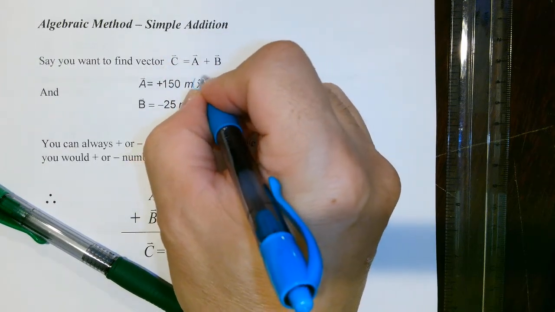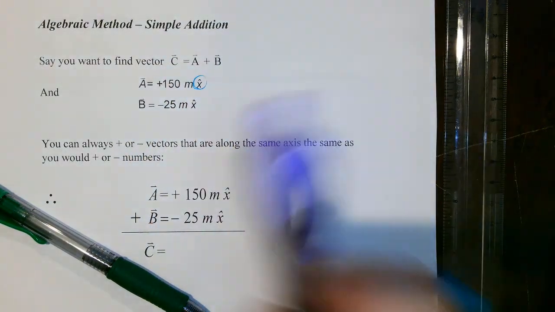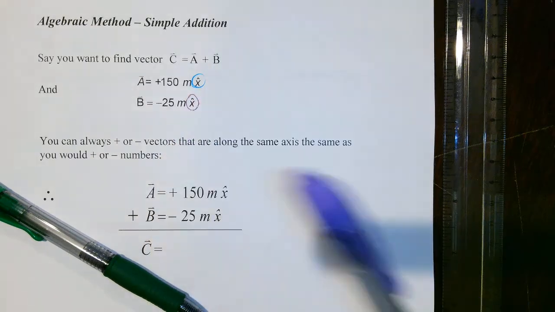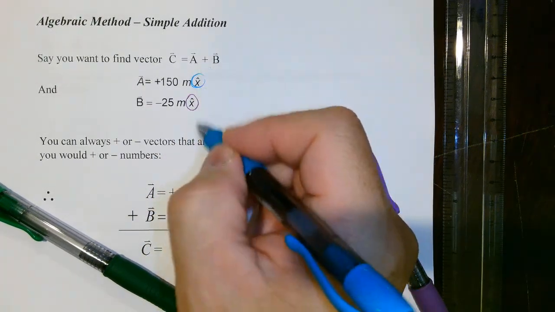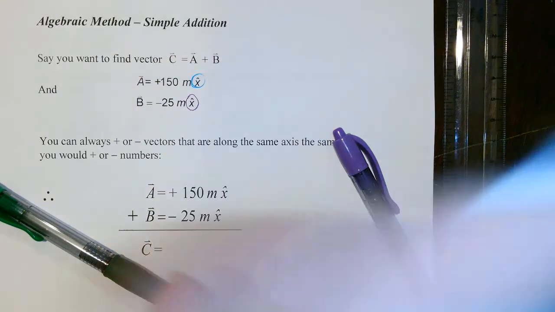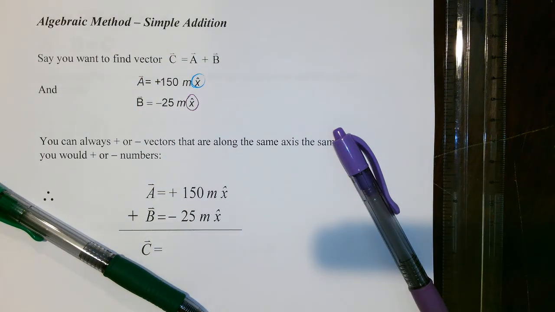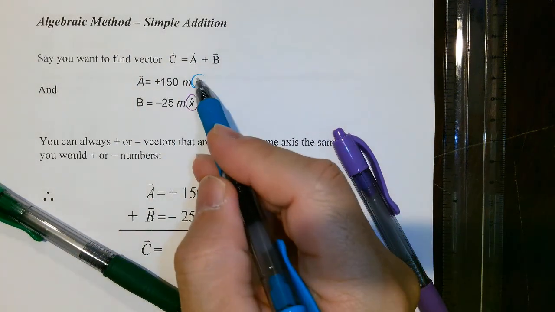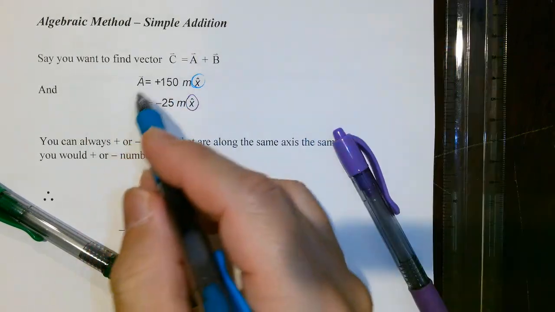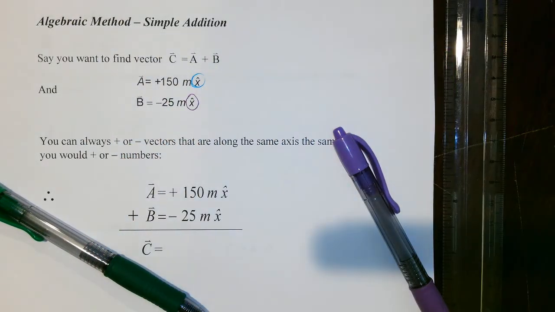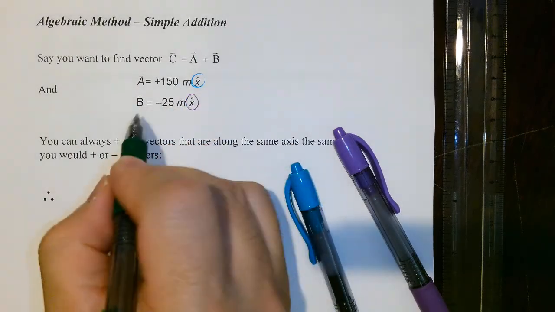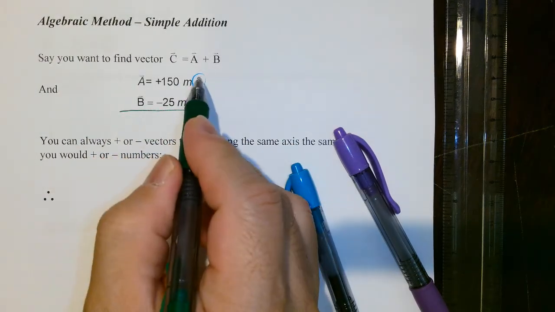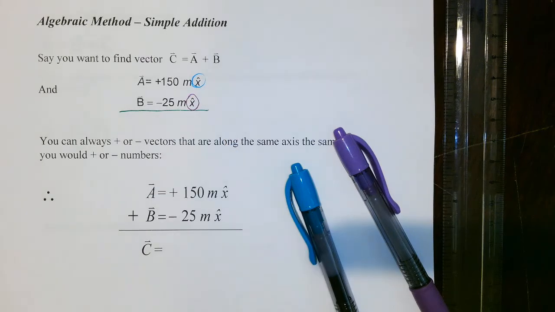I have to really look at these x hats. They better be the same. If they're not the same, we cannot just add them by looking at numbers. If they are the same, then yes, we just treat them like regular numbers in algebra. So when we add, the first thing is always check the unit vectors.